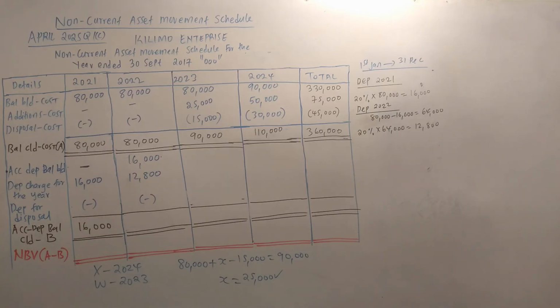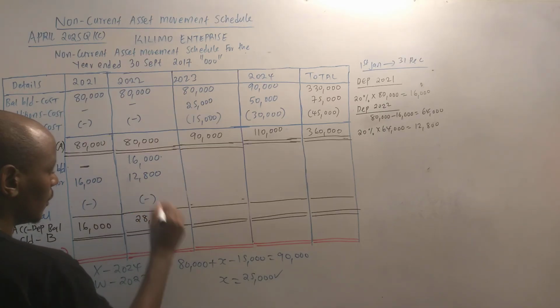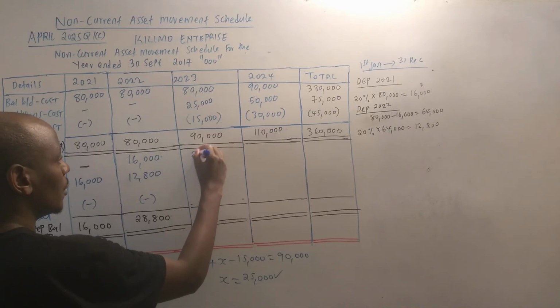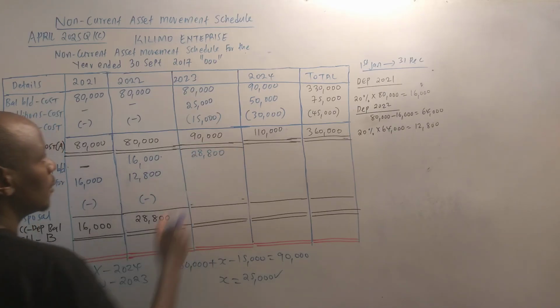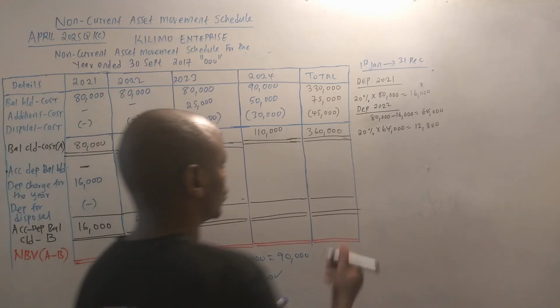That is 28,800. Now the balance at the end becomes the balance at the beginning, as usual. That is 28,800. Then we need to consider depreciation for 2023.